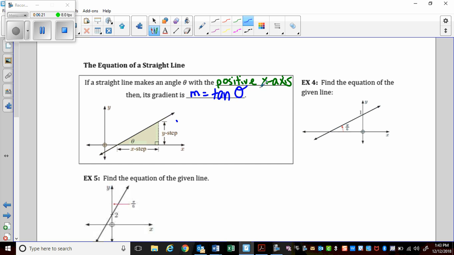Tangent is opposite over adjacent. The gradient is our slope. That's another word for slope. So the gradient or slope equals y step over x step. Remember, it's rise over run, which is tangent.